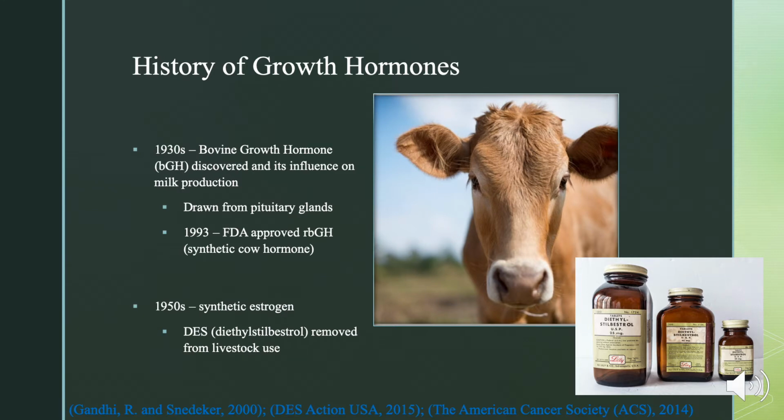It wasn't until the 1970s, however, when they realized that it caused cancer, so they stopped its use in livestock, but actually continued to use it medically for another 20-ish years, even though it did lead to different cancers. It was strictly used for the treatment of advanced prostate and breast cancer.